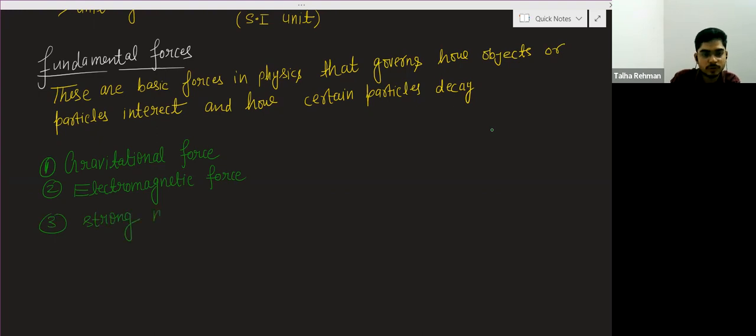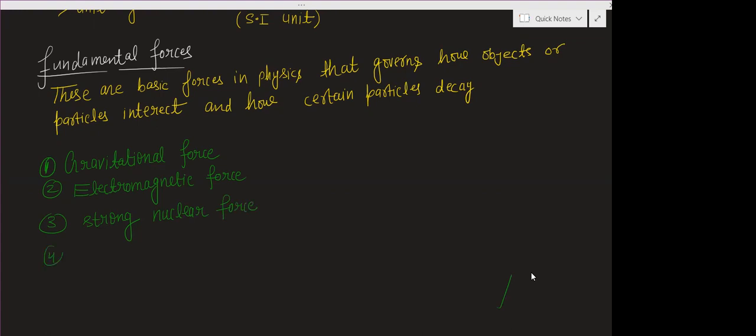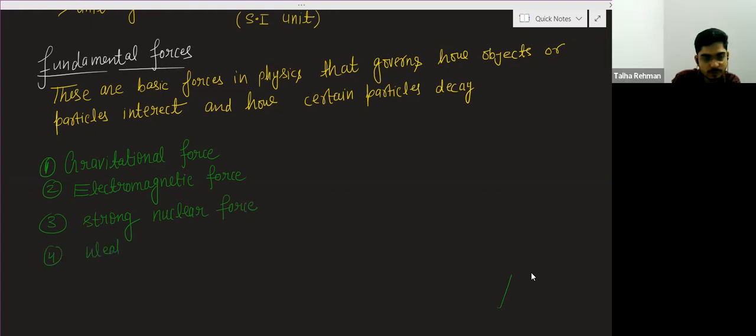Number four is the weak nuclear force. So in physics, basically four fundamental forces are defined: gravitational force, electromagnetic force, strong nuclear force, and weak nuclear force. One by one we will discuss.